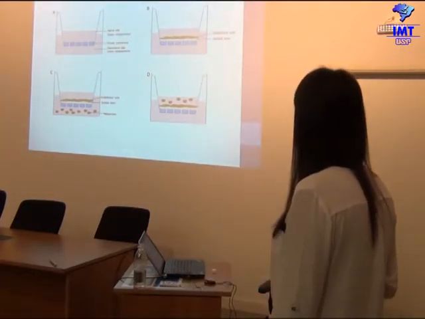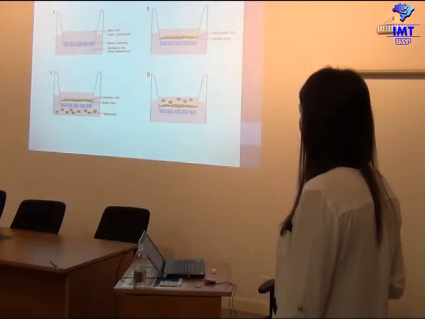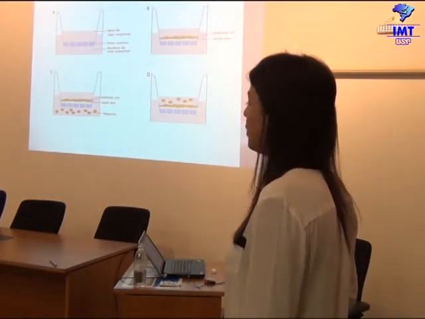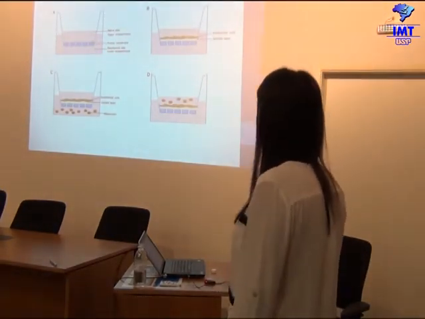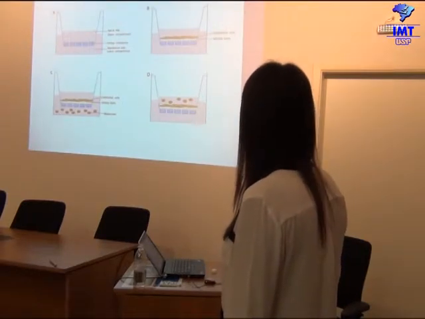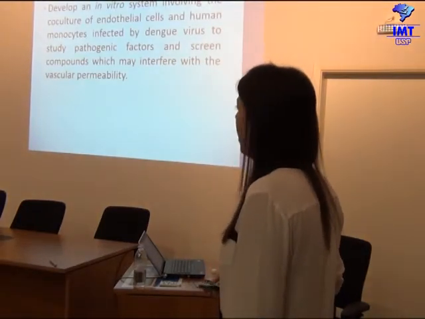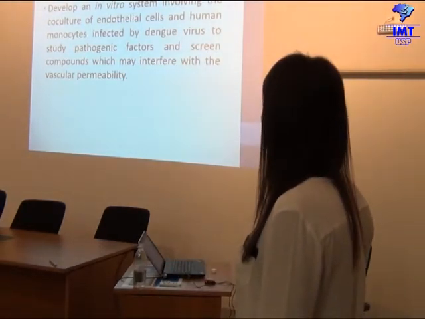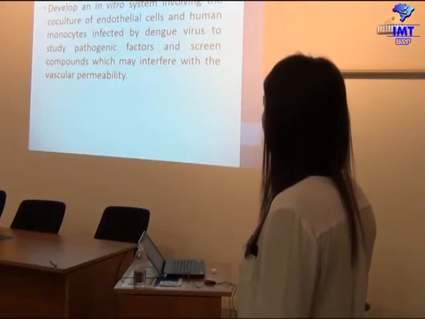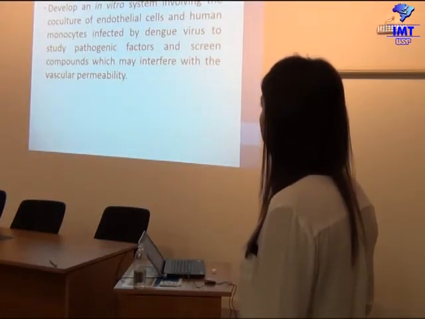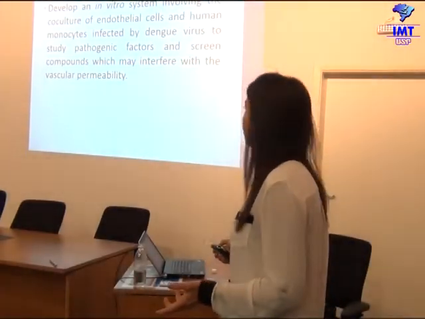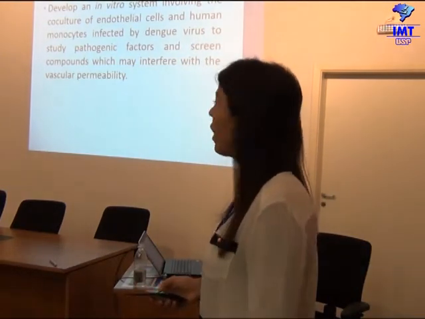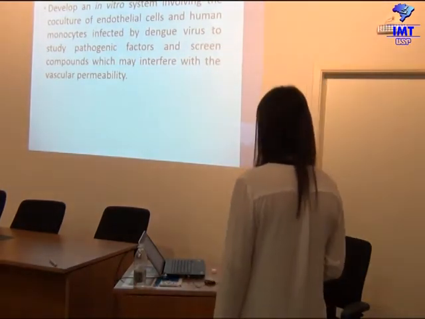So we are going to try to cultivate in the upper side with direct contact and in the lower side with no direct contact with the endothelial cells, and compare all the systems. Therefore, the aim of this study was to develop an in vitro system involving the co-culture of endothelial cells and human monocytes, which will be infected by dengue virus, to study pathogenic factors and also to screen compounds which may interfere with the vascular permeability.